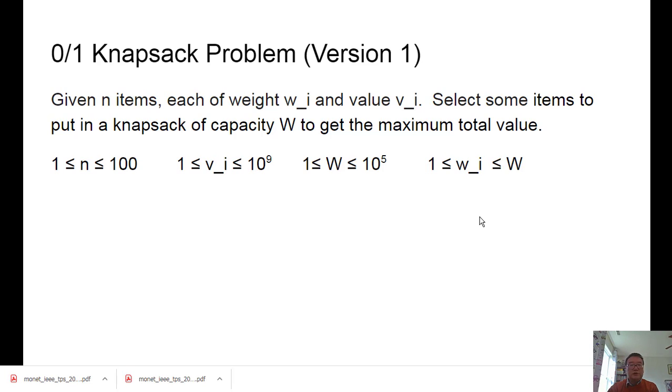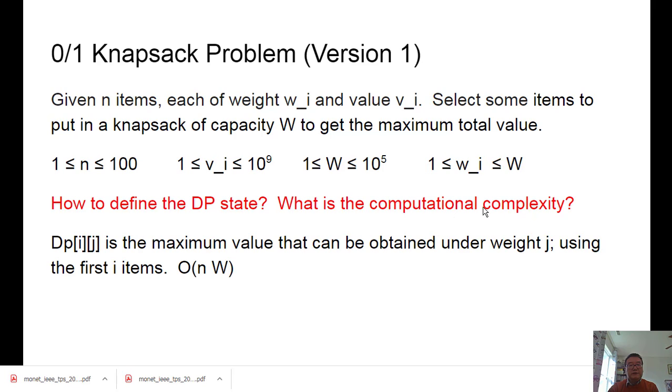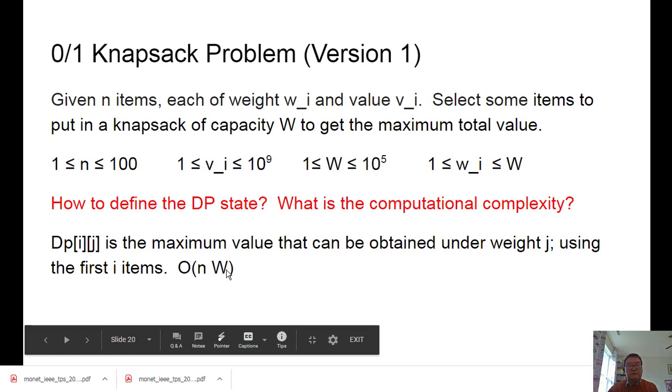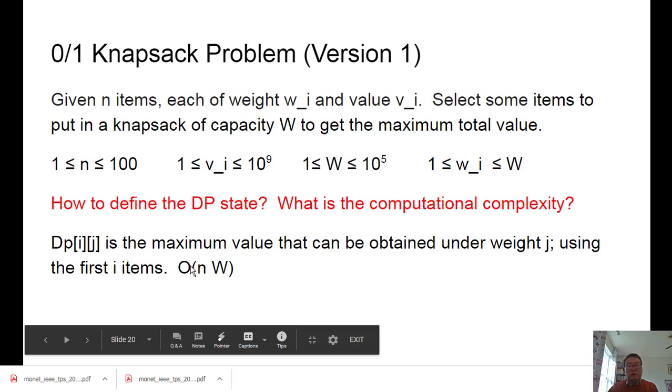So how do we solve this? Let's define the DP state. One way is to define dp[i][j] to be the maximum value that can be obtained under weight j using the first i items. The j index goes up to W, and the i index goes up to n, so the complexity is O(nW).